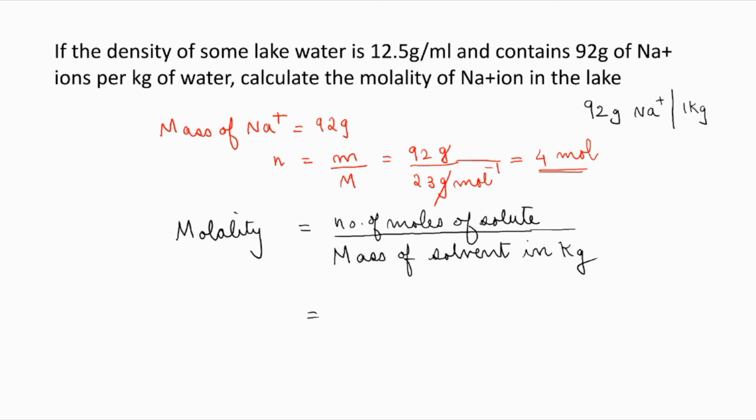So you got the mass of the solvent also. So you write it: 4 moles divided by 1 kg of water. So what will be the molality of the solution? 4 moles per kg or 4 molal. This will be the answer. So I am telling you that the density they have given is only to mislead you. That is not required in this problem.